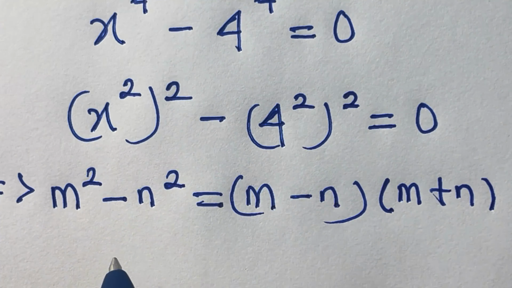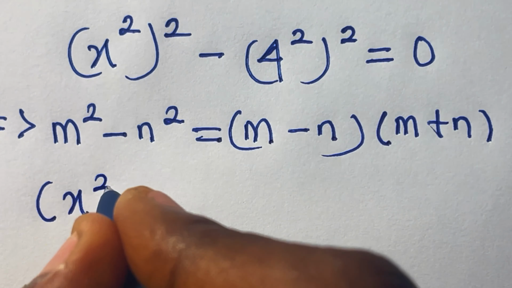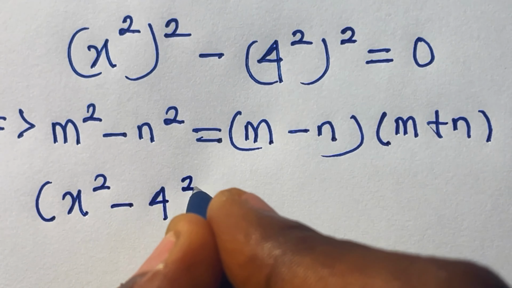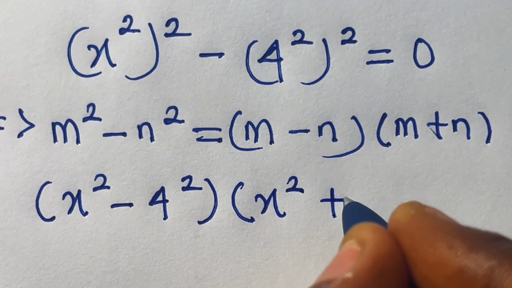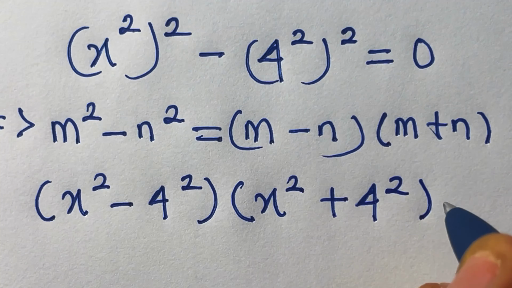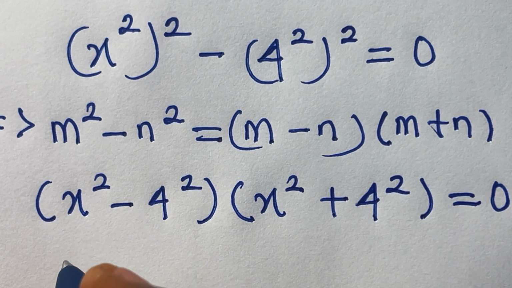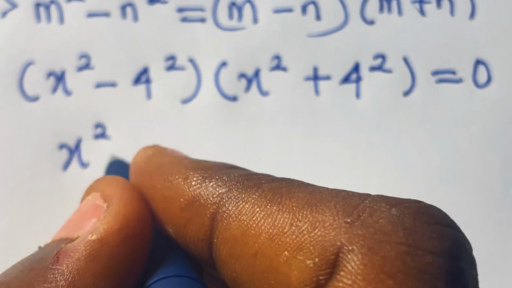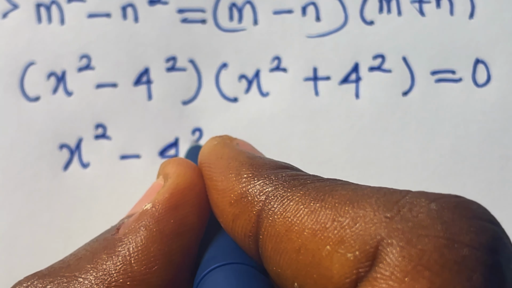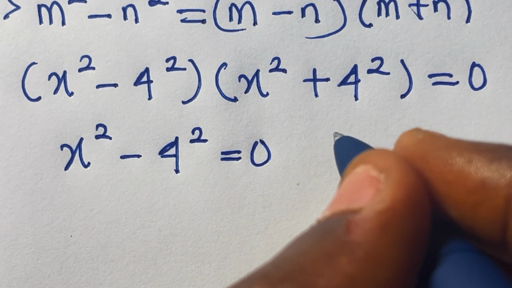If you apply this here, we will have x square minus 4 square multiplied by x square plus 4 square equals 0. So now we will have x square minus 4 square equals 0. That's the first expression we will have.